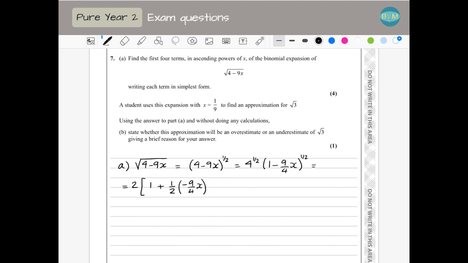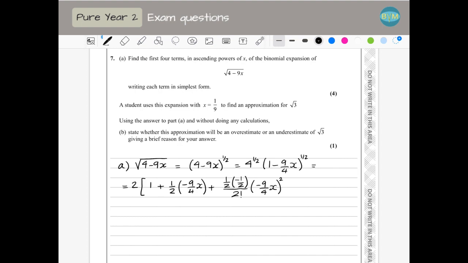To not make mistakes, I would write everything with brackets and then remove the brackets after. Then plus n times n minus 1, so n is 1/2, 1/2 minus 1 is minus 1/2, divided by 2 factorial, and all times x, again all this expression, to the power of 2.